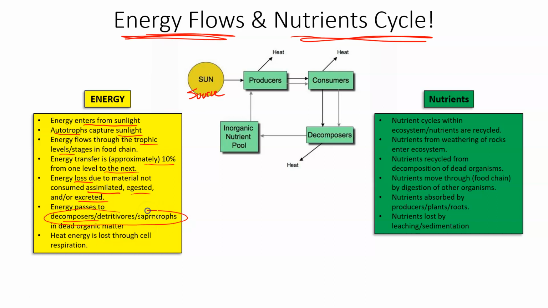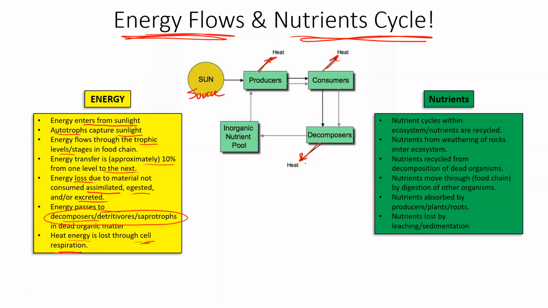These are the fungus and earthworm type organisms that decompose the nutrients and energy from an organism that has died. And ultimately, heat energy is lost through cellular respiration all along every step of the way, roughly 65% at every step. Once it's lost to the environment, it's lost and will eventually be lost to the atmosphere.